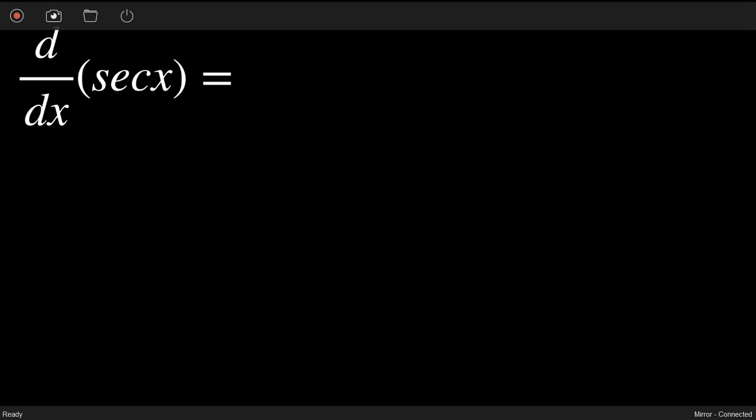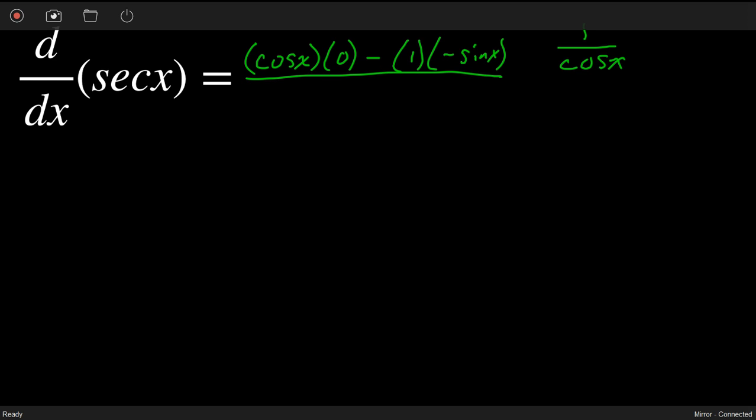All right, so now we're going to take a look at secant of x. Secant is equal to 1 over cosine of x. And if we again apply the power rule, I'm sorry, not power rule, quotient rule here, you're going to have bottom times derivative of the top minus top times derivative of the bottom over bottom squared.